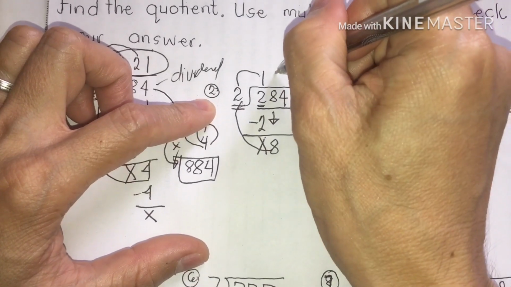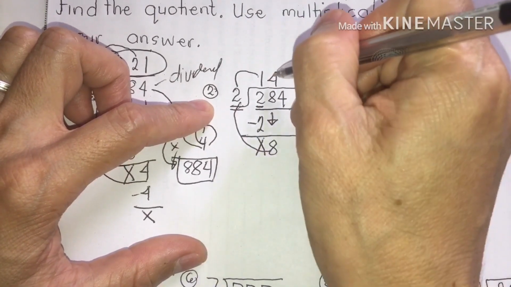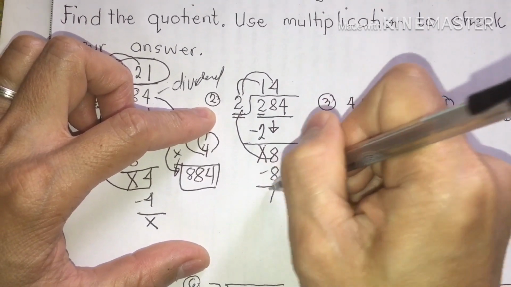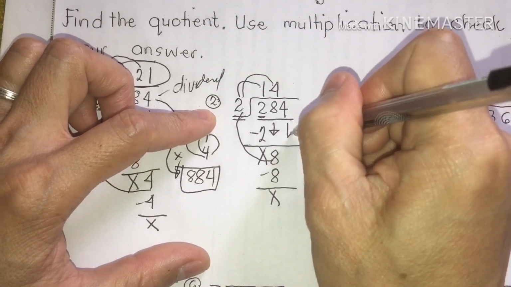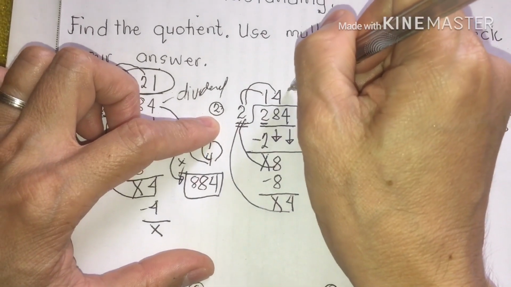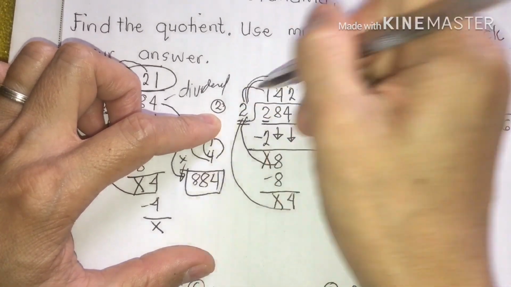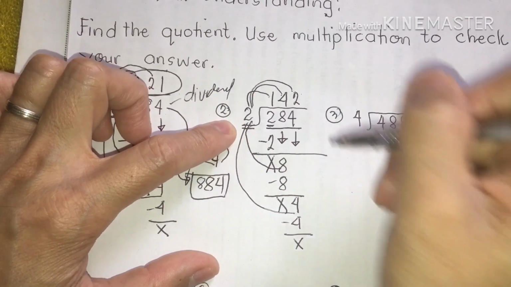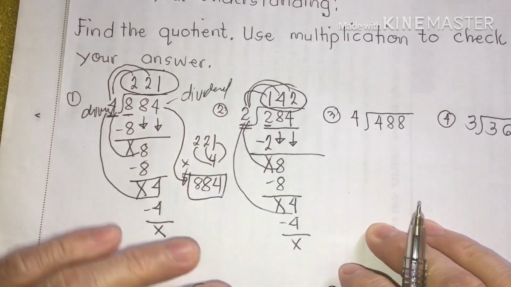So we're going to put our quotient here, 4. 4 times 2, we have 8. Subtract, that is 0. Bring down again 4. Then divide. So we're going to write here 2. Then multiply by our divisor 2, then the product is 4. So our quotient is 142.